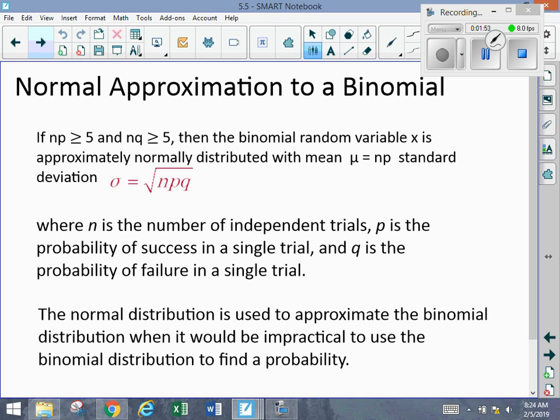Q, remember from back in the day, Q is equal to 1 minus P, okay? It's definitely important to know that N times P is greater than 5, and N times Q is greater than 5. It's interesting. In AP we use 10.